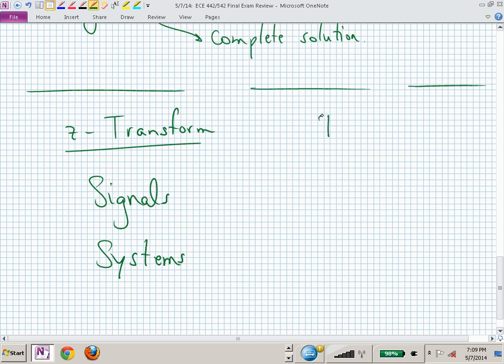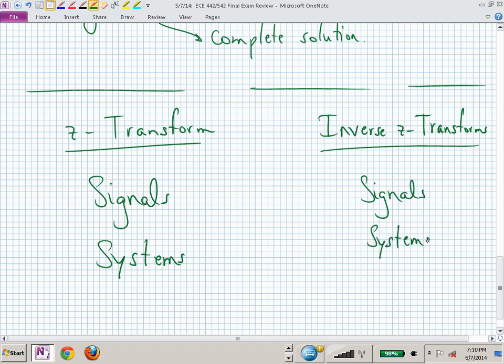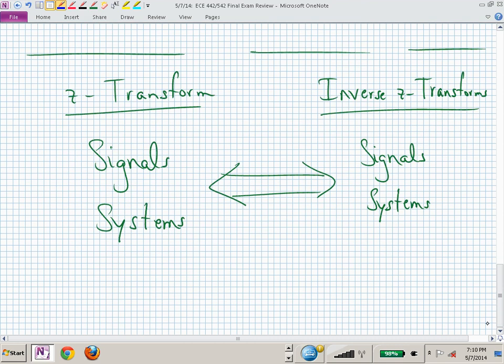And you need to be able to go the other way: inverse Z transform signals and systems. And if you're going on an inverse problem, what's some other piece of information you might be interested in or need to pay attention to? The region of convergence.